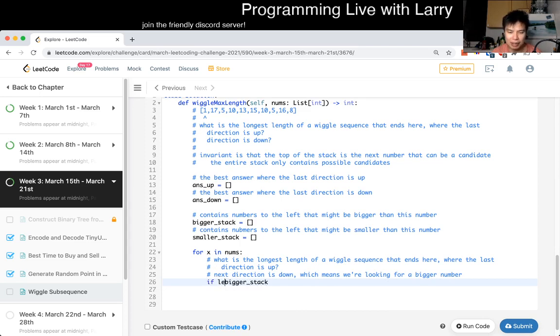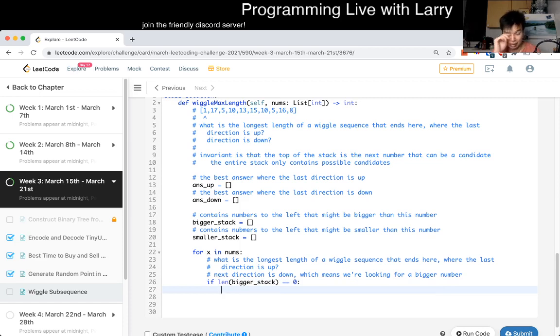If the length of the biggest stack is equal to 0, then what do we do? Well, then we append x to the biggest stack, because now this is the biggest.